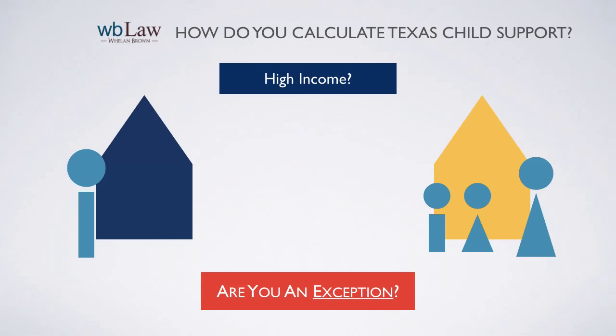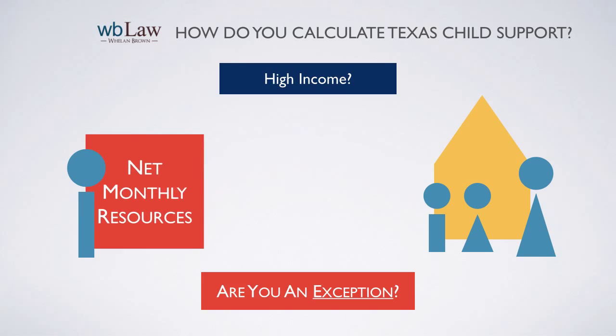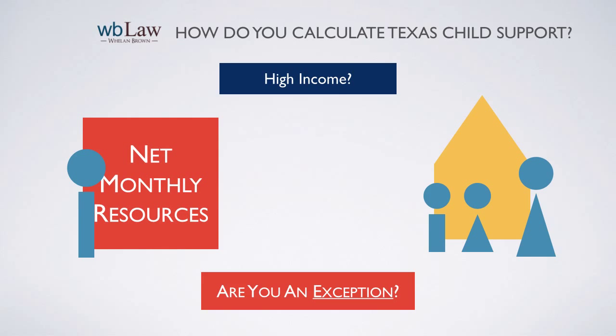Particularly, since Texas only cares about the income of the paying parent, is there a high income that parent enjoys? If so, the family court right now will put a soft cap of $8,550 on the net monthly resources and base the child support number on that.